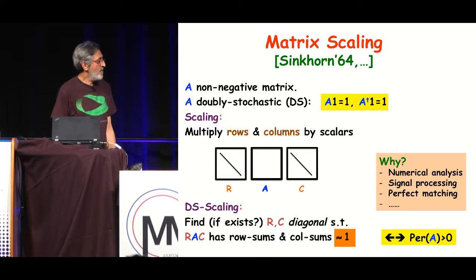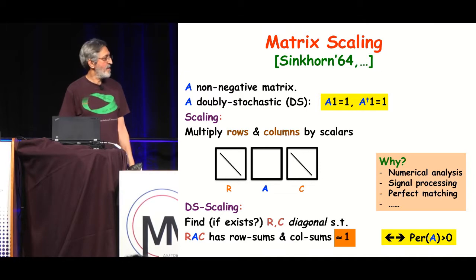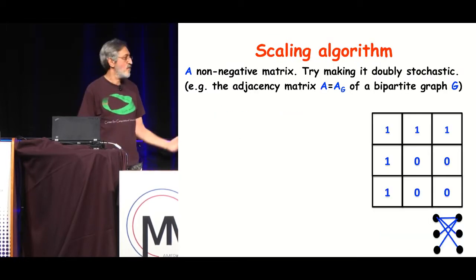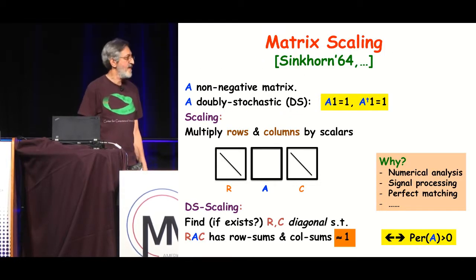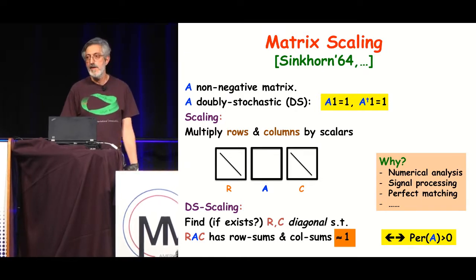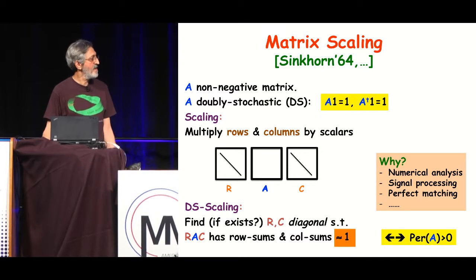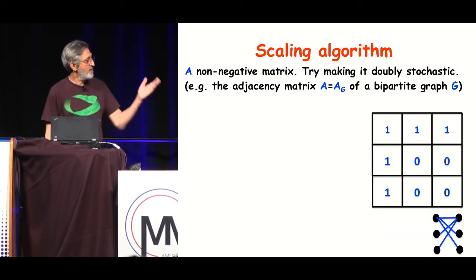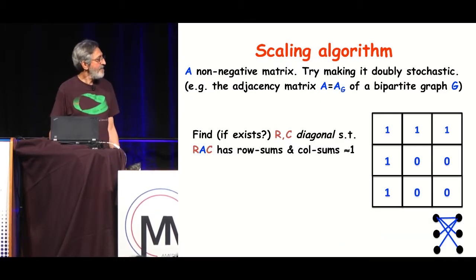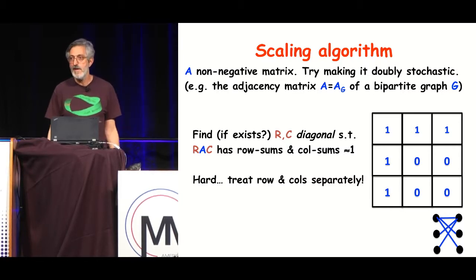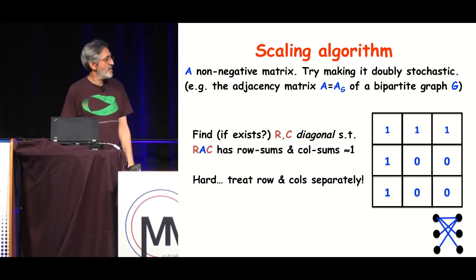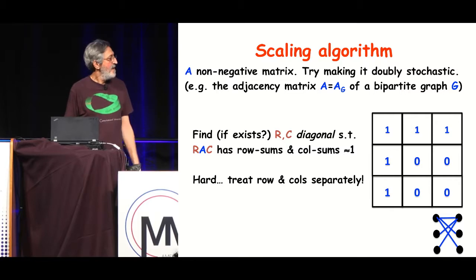OK, so how are we going to solve this problem? As I said, it's nonlinear. It looks like it's not convex. It can be convexified. But what Sinkhorn had suggested is the following really beautiful idea. So let's try to do it on an example. Again, we are looking for scalars multiplying rows and columns to make it doubly stochastic. And it looks difficult.